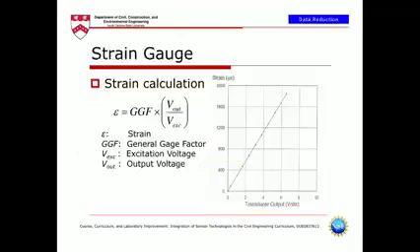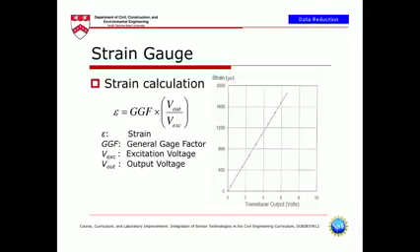Then we have another calculation, for the strain gauge. How can we measure the strain or stress? We have the equation: strain is equal to GGF, the general gauge factor, into V out upon V excitation, the excitation voltage.